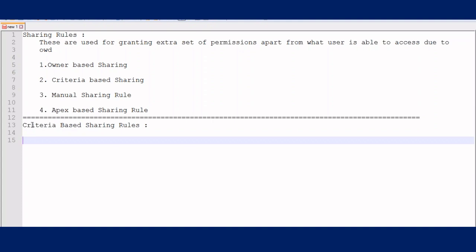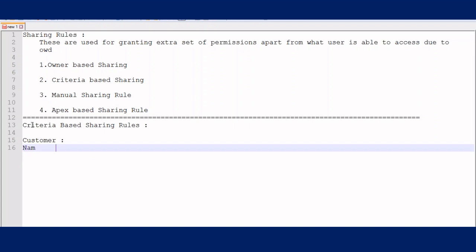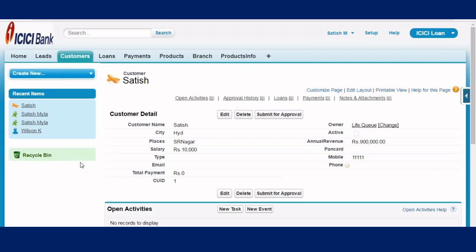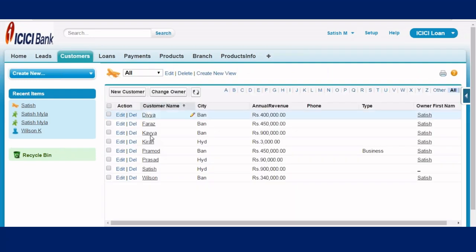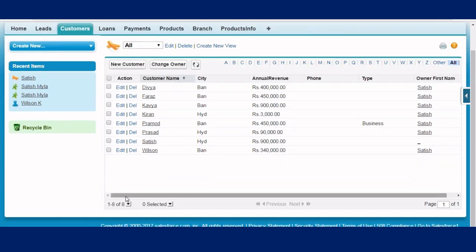Look at this. We have the customer object. How many records are there in the customer? There are 8 records.